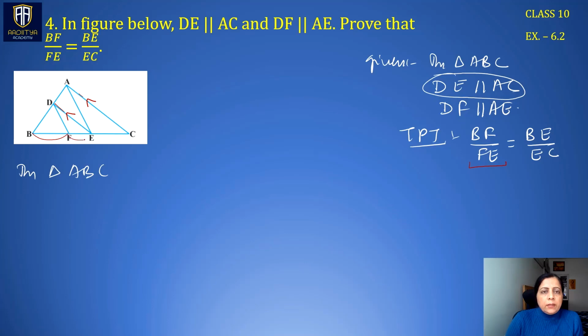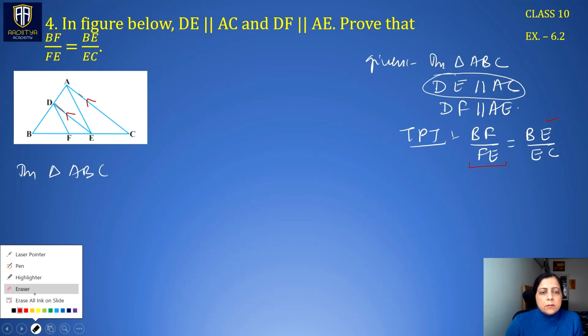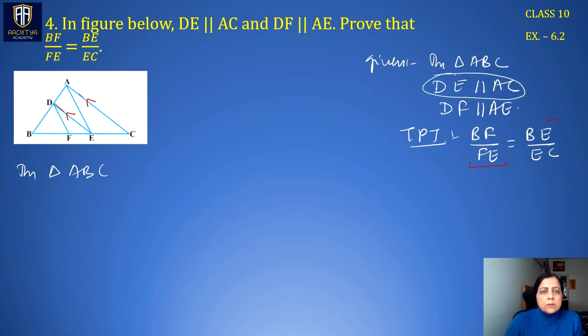BF upon FE is not falling into this triangle. Look for the other one. BE upon CE. BE upon CE falls into this triangle ABC. So what we can do is, BE upon CE can be calculated from here.